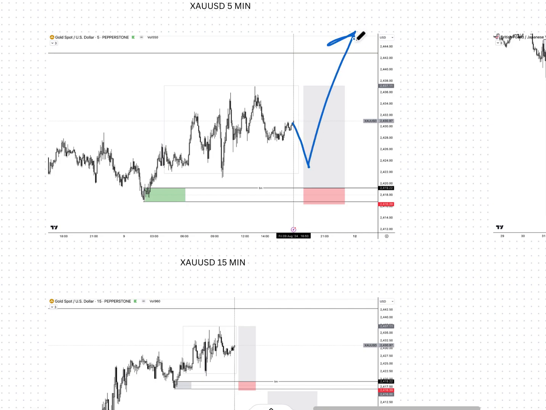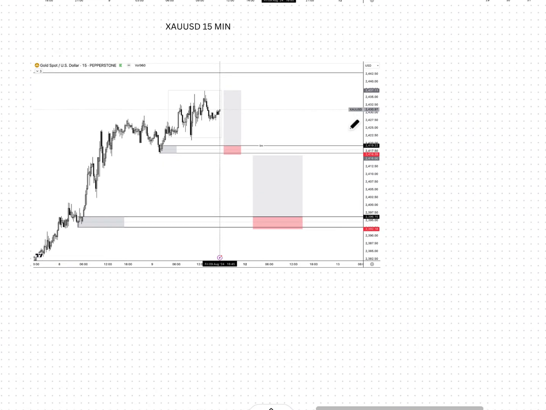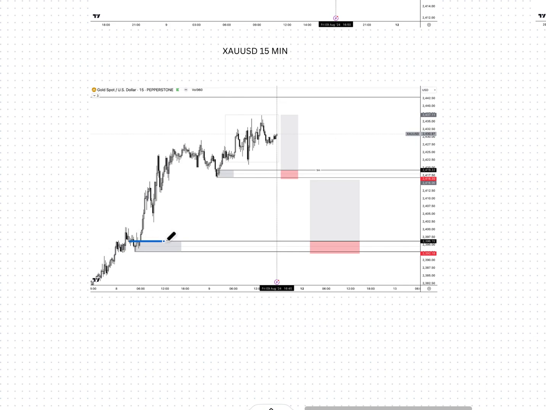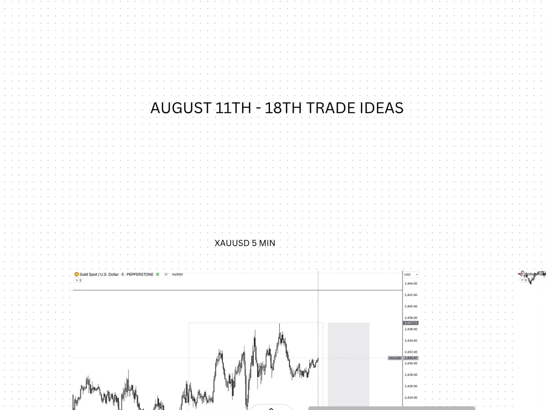It already went a lot higher. I basically have this demand zone identified for when the market eventually comes back there on the 15-minute on gold, but gold is much higher right now.